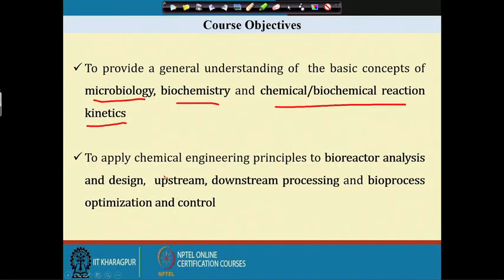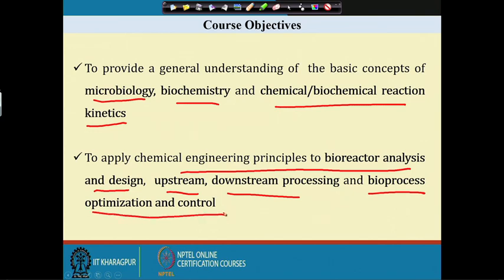We will put more stress on chemical and biochemical reaction kinetics to understand the process in more depth, and then apply the chemical engineering principles in bioreactor analysis and design, upstream and downstream processing, and bioprocess optimization and control. So these are the different areas we will cover in this particular course.